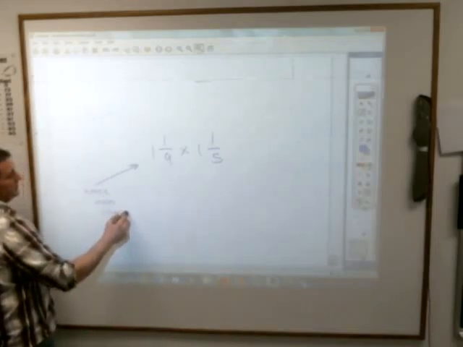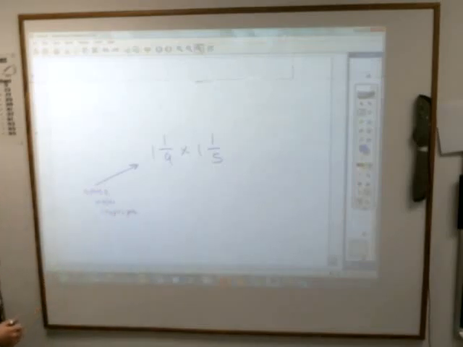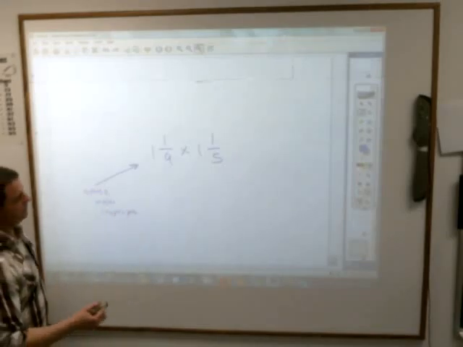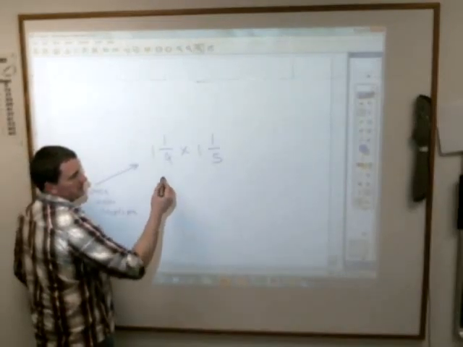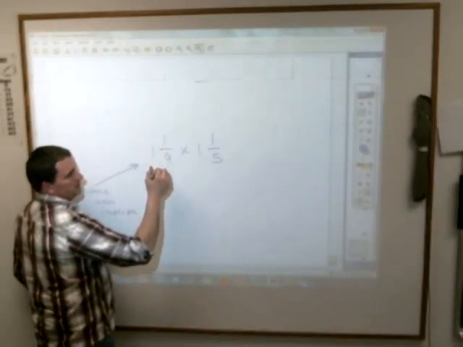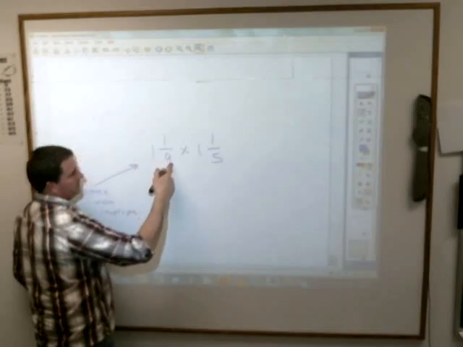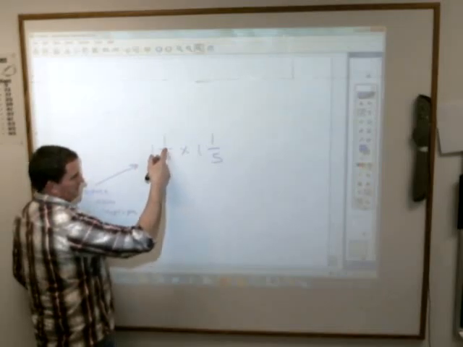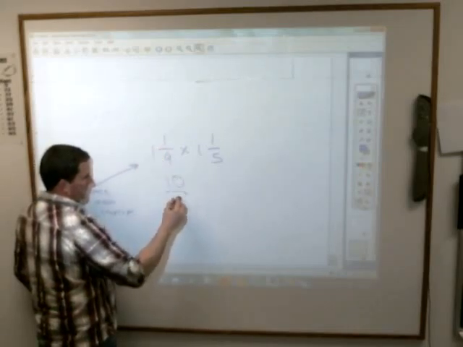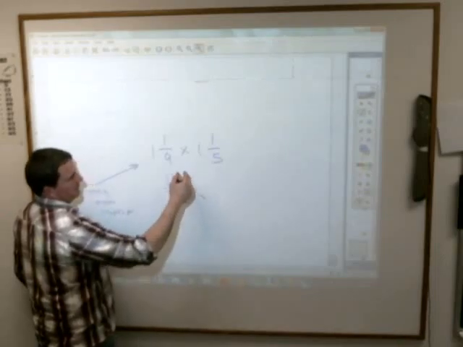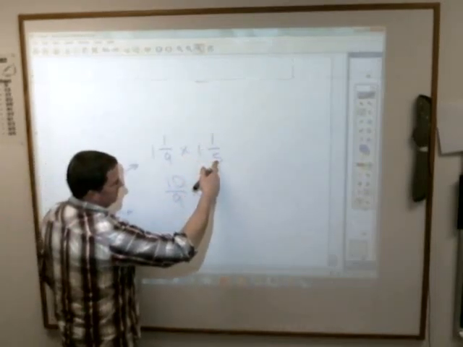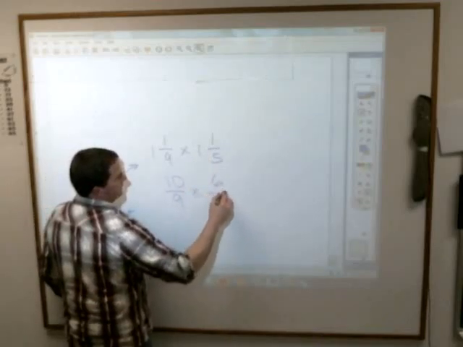And what do I get when I make these improper fractions? 1 1/9 is 1 times 9 is 9, plus 1, 10. This is 10 over 9. And this is 1 times 5 is 5, plus 1, 6 over 5.